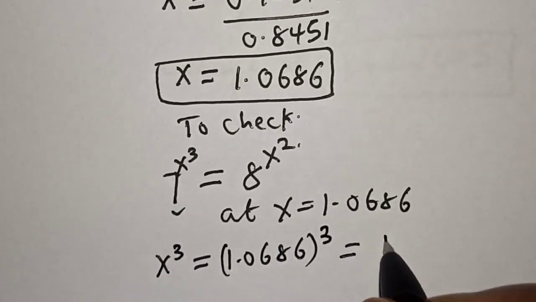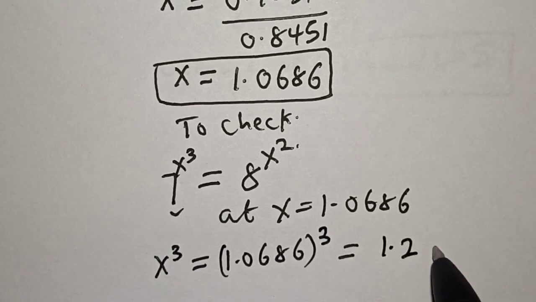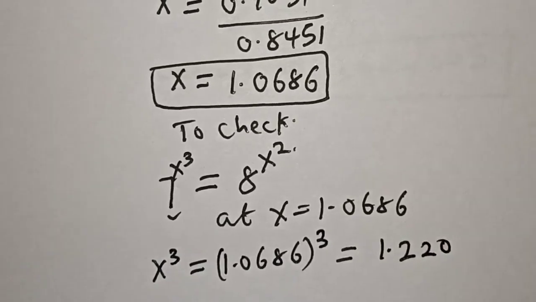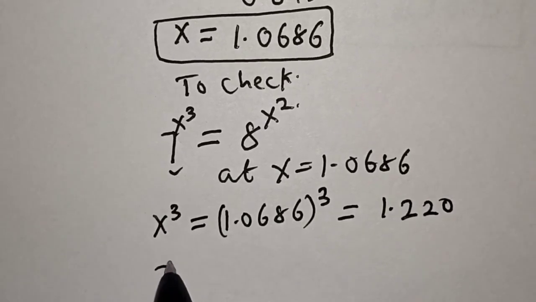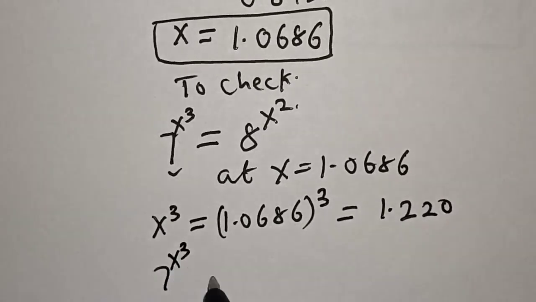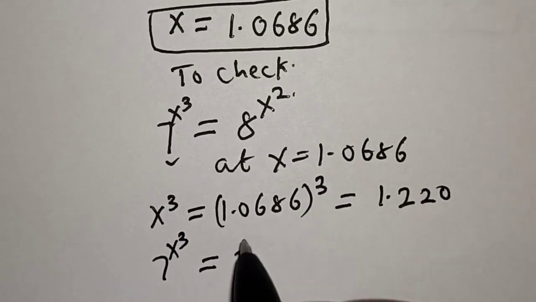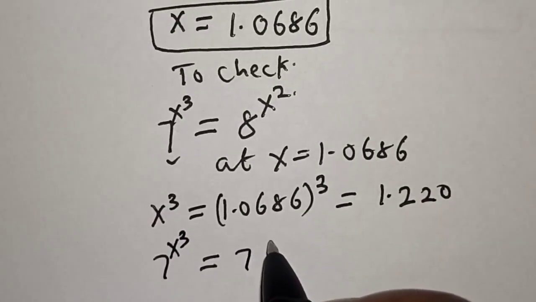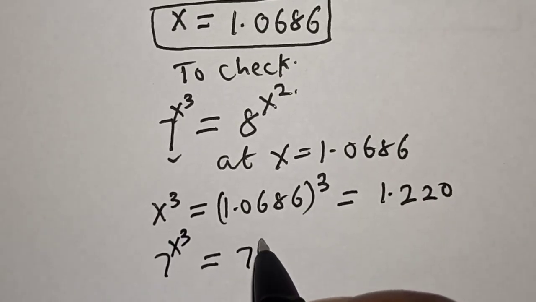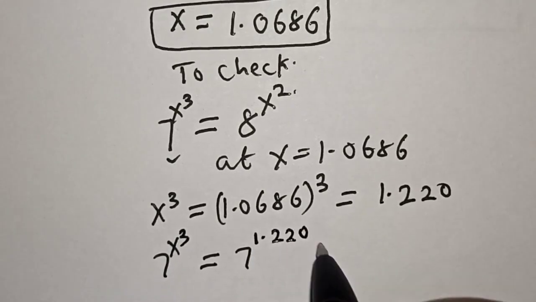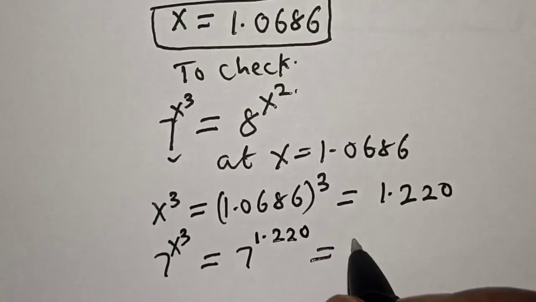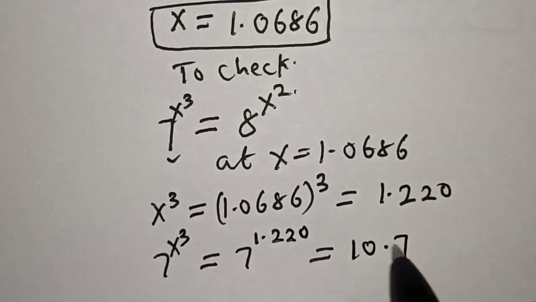This is equal to 1.220. Then 7 raised to power s cube is equal to 7 raised to power 1.220. This is equal to 10.7.